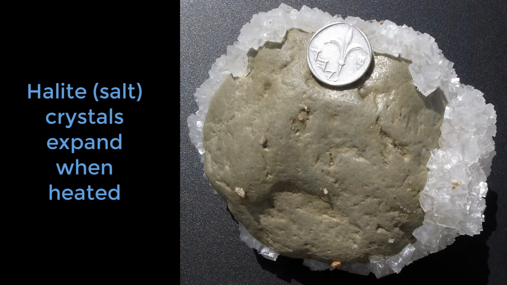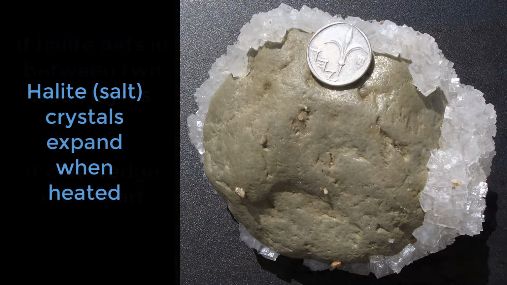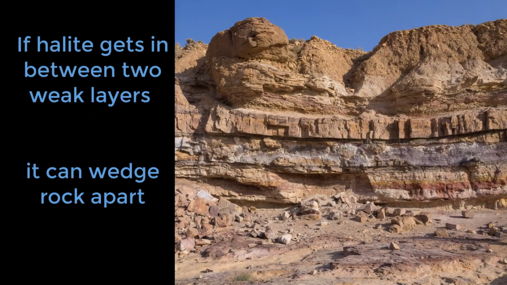And then when environmental temperatures rise, the accumulated crystals are heated up and expand and release pressure on the rock, causing it to break up. So this can happen in a desert environment, or it can happen in a marine environment where you have a lot of salt spray permeating into fractures in the rock.